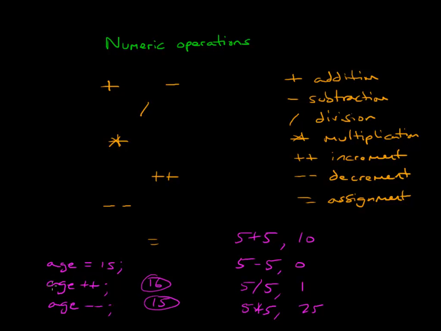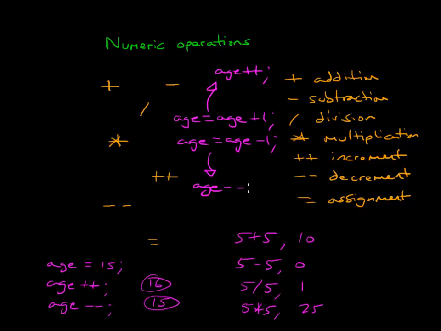And another way to write this, age plus plus, I can say age is assigned the value of age plus 1, or I can say age is assigned the value of age minus 1, and this is exactly the same as saying this one here is age plus plus, and this one here is age minus minus.